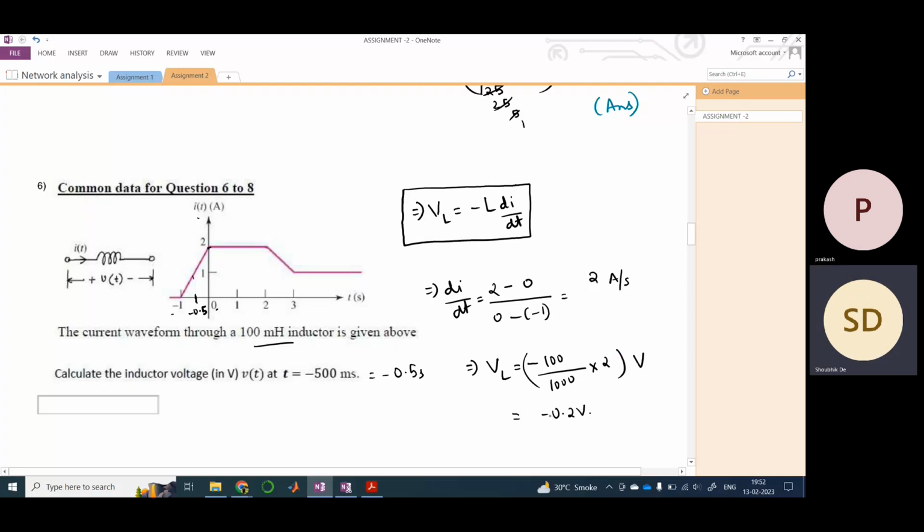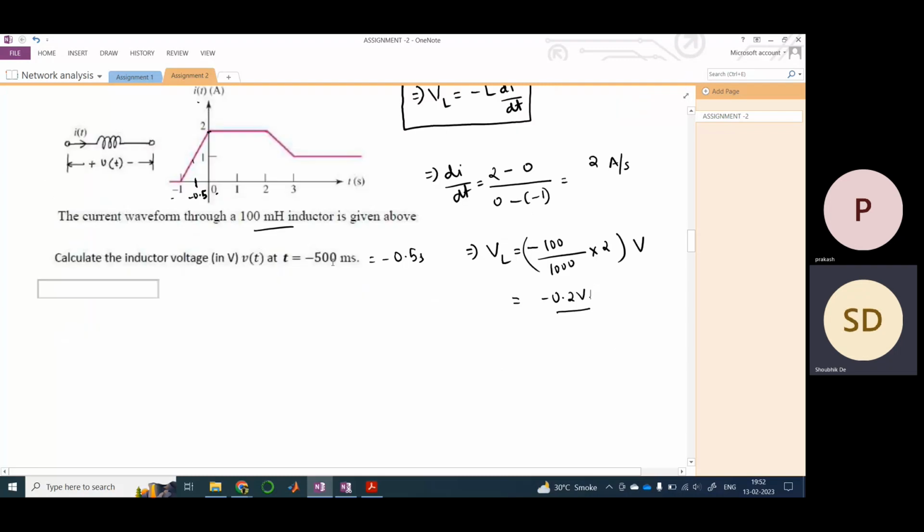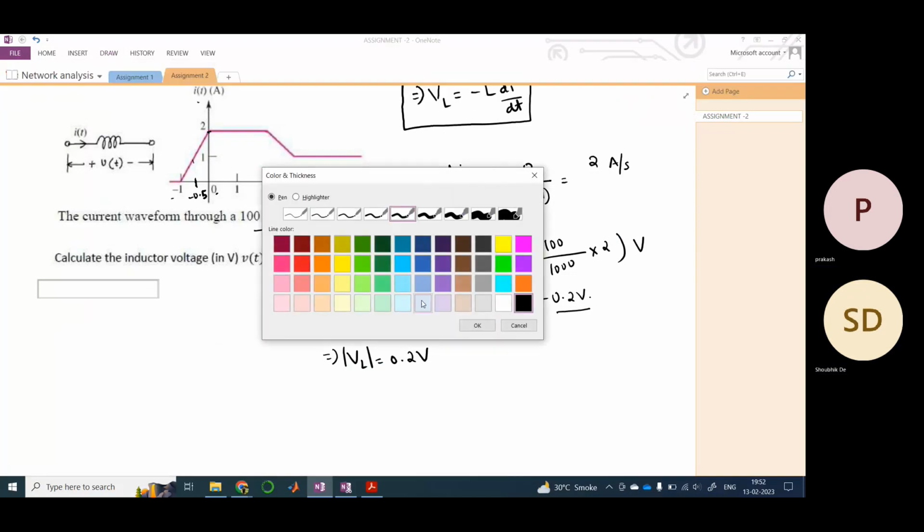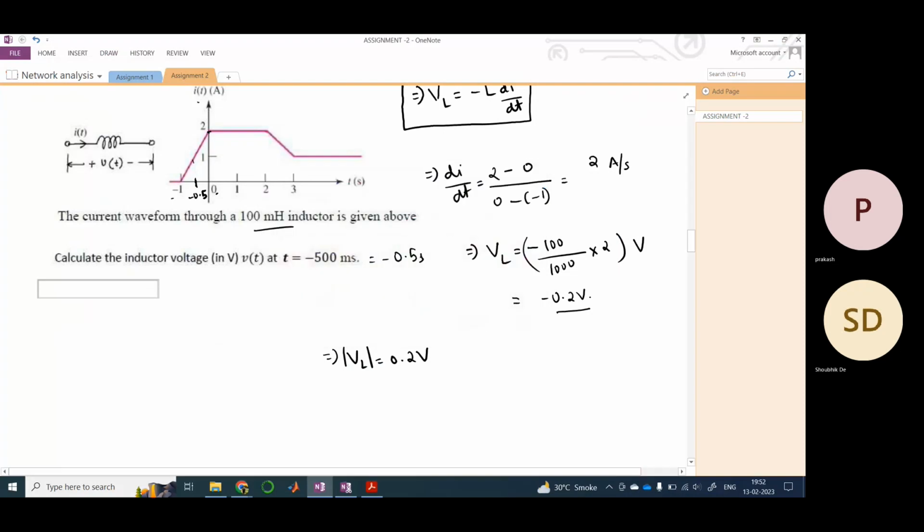Here you don't need to take the sign into consideration; you can just take the magnitude only. So the final answer, considering the magnitude, would be V_L equals 0.2 volts. So this would be the answer.